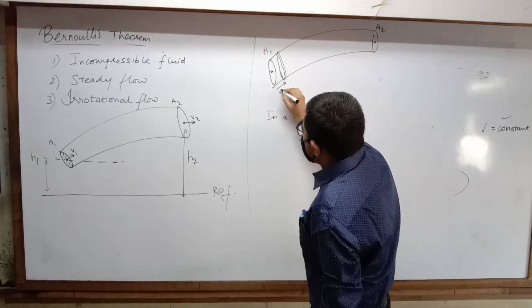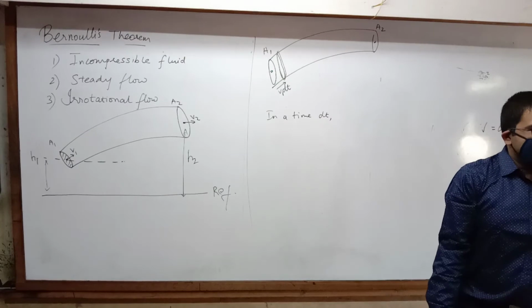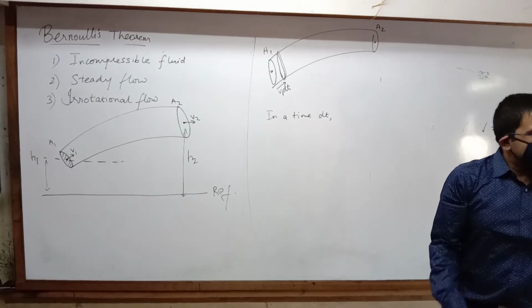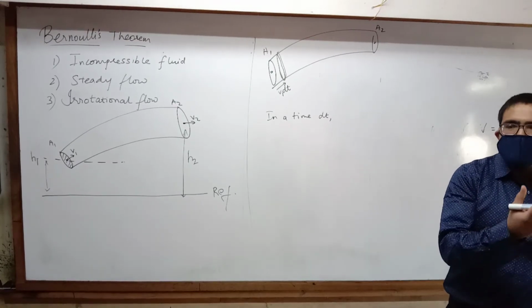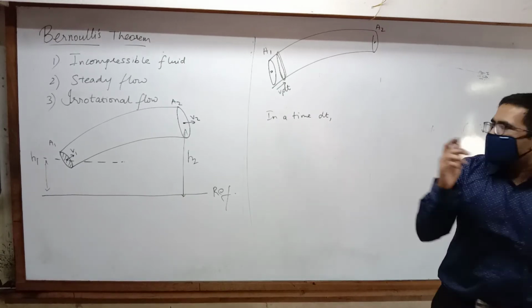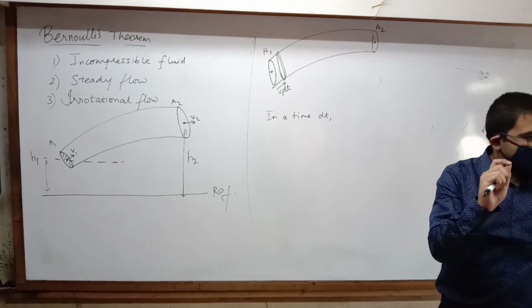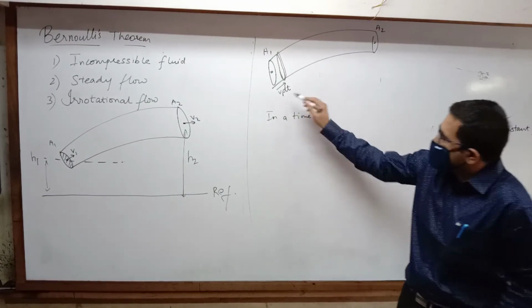That is, it will move a distance v1 dt. Is this clear? Okay, then displacement is equal to speed or velocity into time. But why am I writing d small? Define infinitesimal. So even this is going to be small.